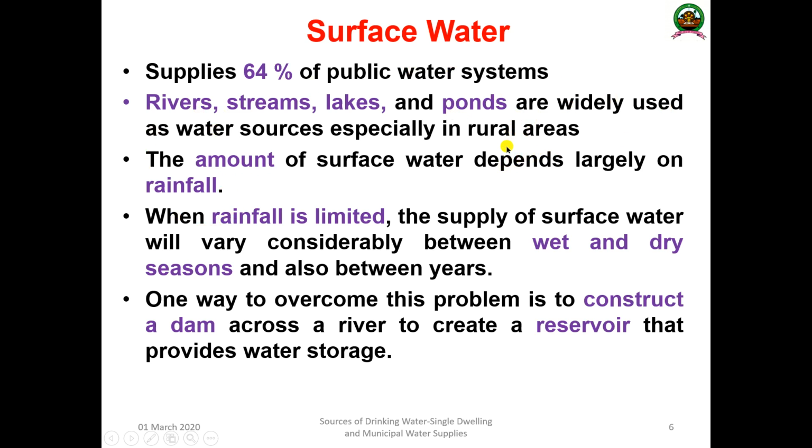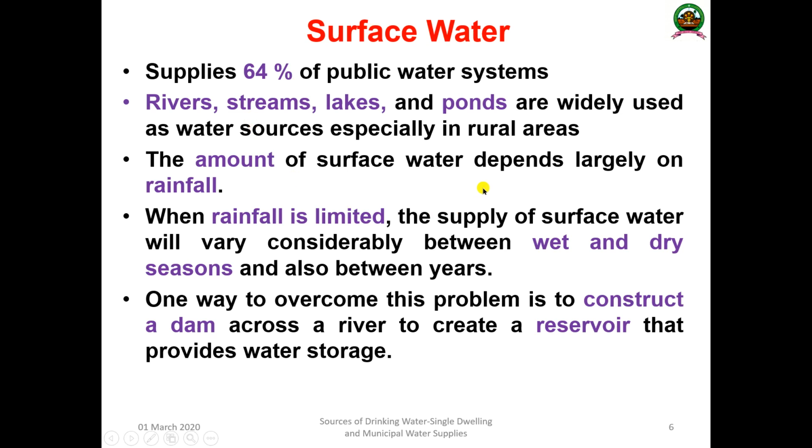The amount of surface water mainly depends on the rainfall. So when the rainfall is limited, the water supply will vary between wet and dry seasons and also between years. Whenever the rain is less, the water content will also vary.